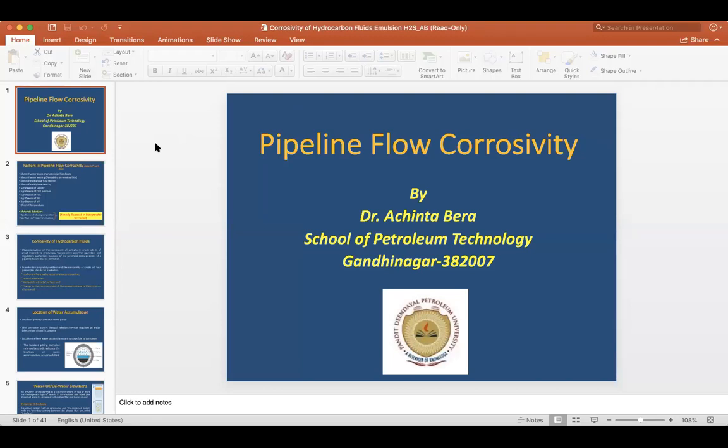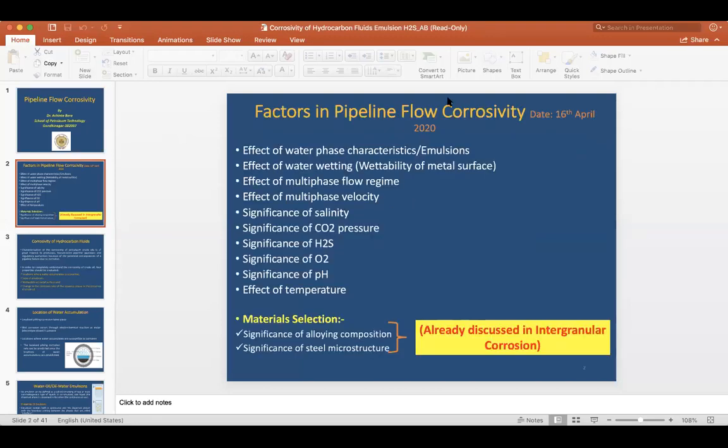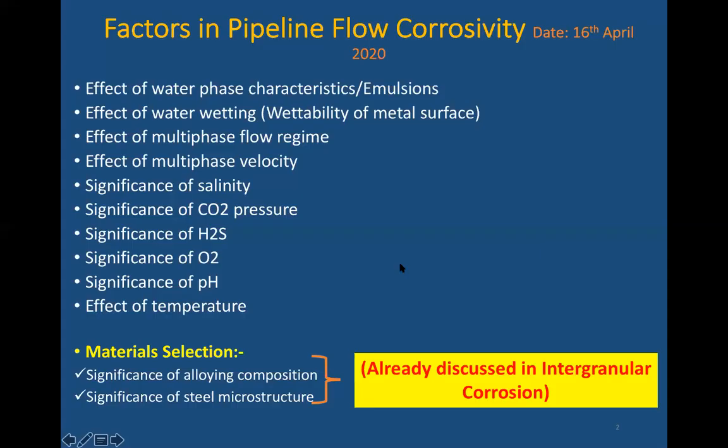In the last class we discussed the factors that influence the pipeline flow corrosivity, including water phase characteristics, emulsion, wettability of the metal surface, multiphase flow regime, multiphase flow velocity, salinity, CO2 pressure, H2S influence, dissolved oxygen present in the aqueous phase, pH of the aqueous phase, and temperature.